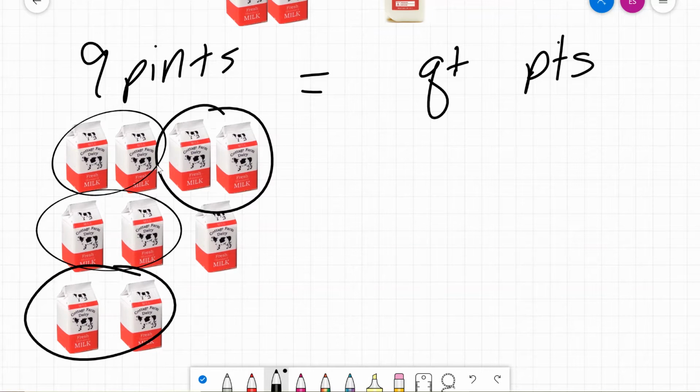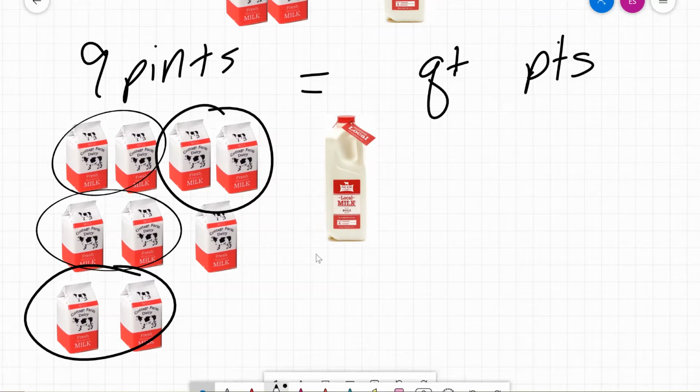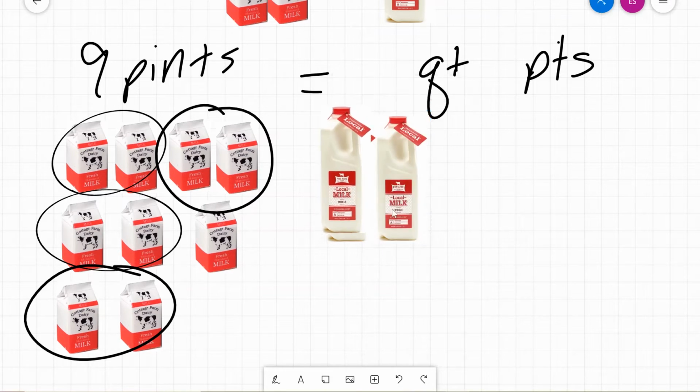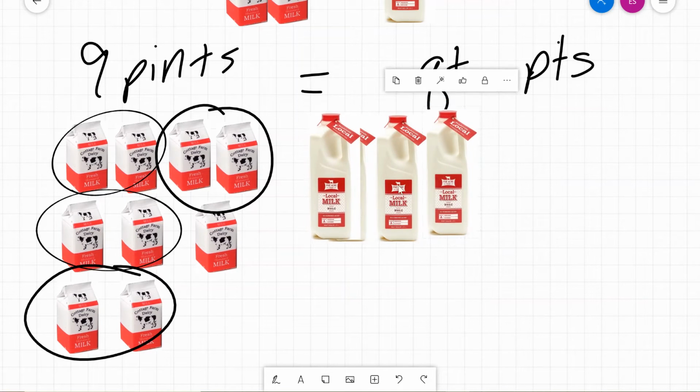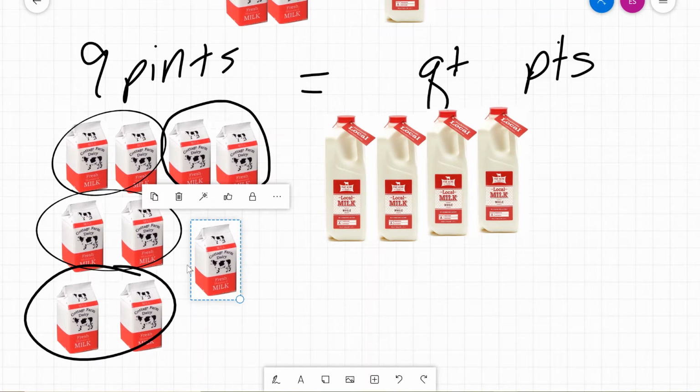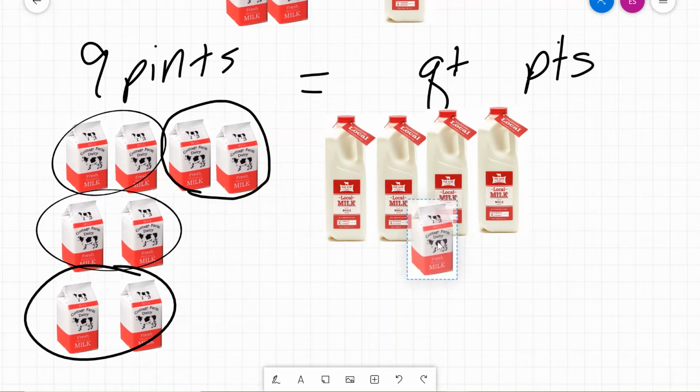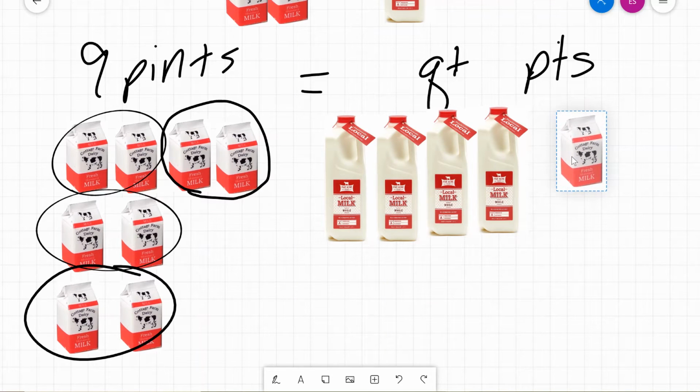Great. So I've got 4 groups of 2, and then I've got 1 extra just kind of hanging out. For each group of 2, I have 1 quart, because there's 1 quart for every 2 pints. So I can bring this over here and represent this in quarts. I've got my 4 quarts, and then I have my 1 leftover solitary pint. So I have 4 quarts and I have 1 pint.